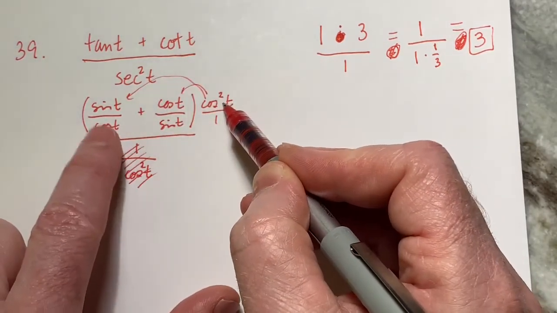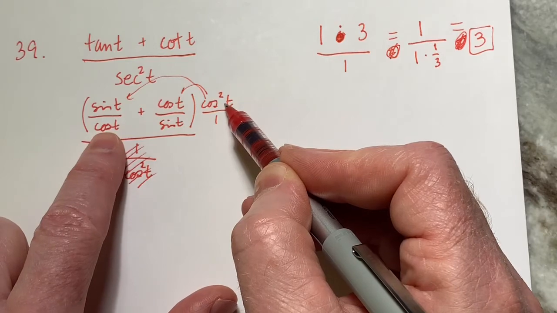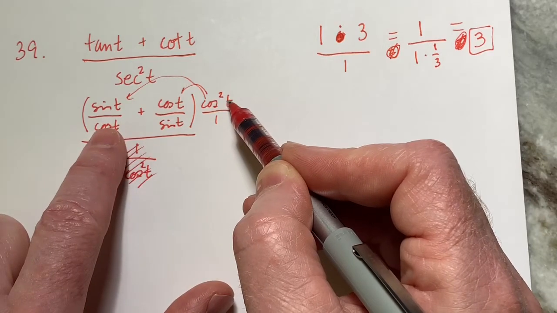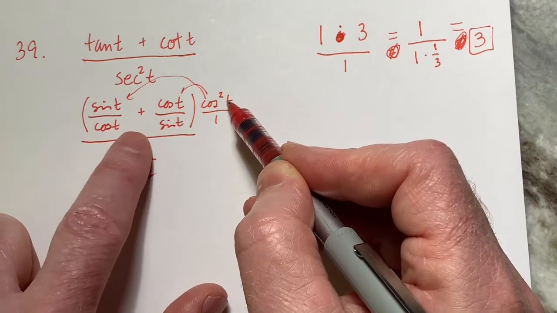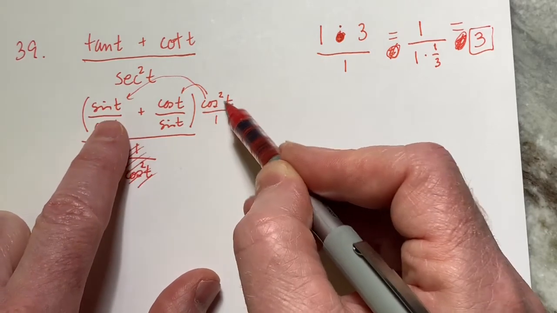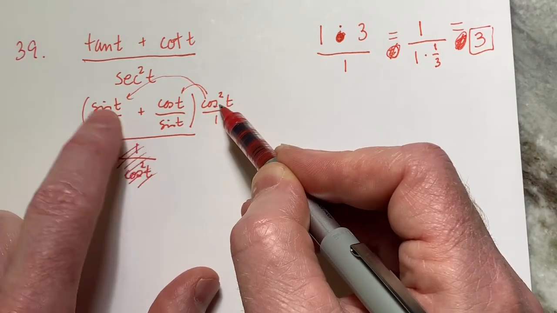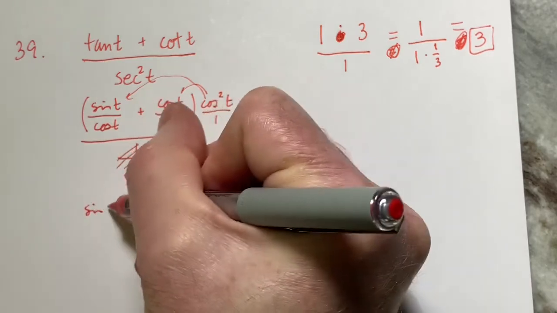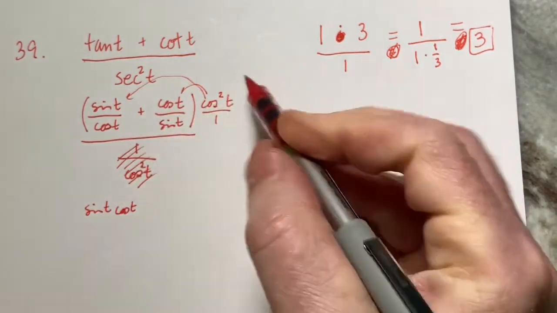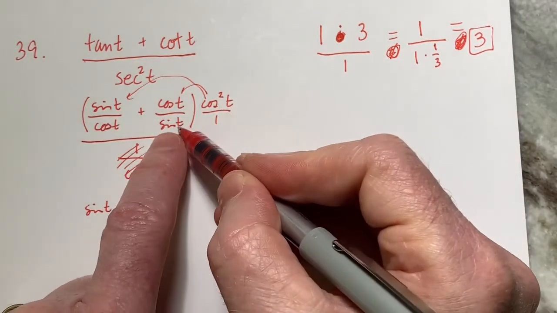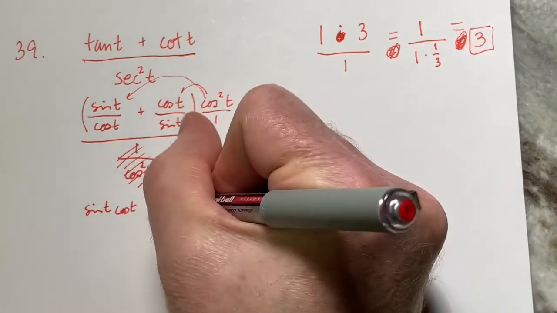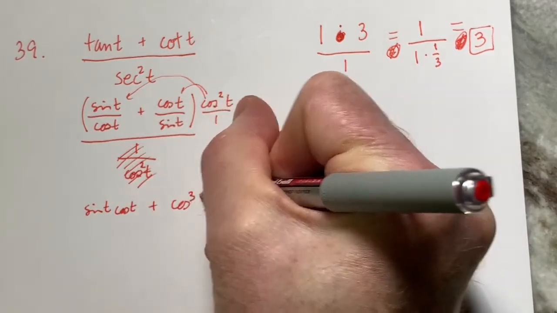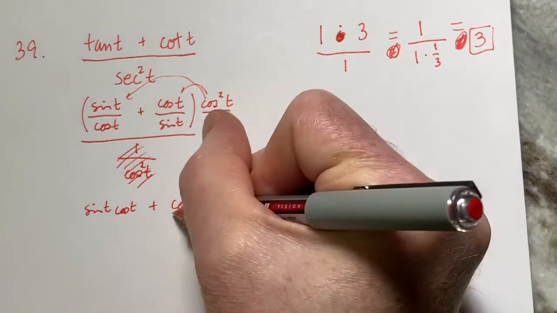Well, this times this, tell me what happens. Anybody? I'm going to cancel one of the cosines, and I'm left with 1 cosine times 1 sine. So there's my sine, there's my cosine. And here, I don't get anything canceling, so I get cosine cubed t over a regular sine t.